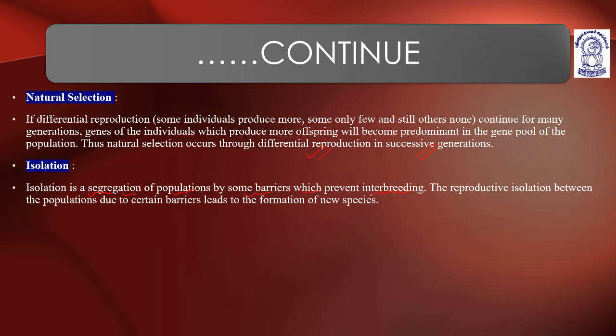For example, when a mountain is between two populations and nobody can cross it, there is a physical barrier or a climatic barrier. All these barriers prevent interbreeding, right? And because of this lack of interbreeding, reproductive isolation occurs. The reproductive isolation between populations due to certain barriers leads to the formation of new species.